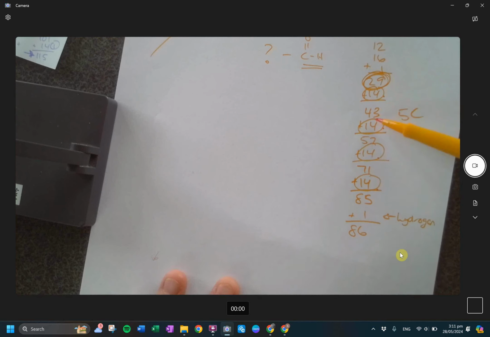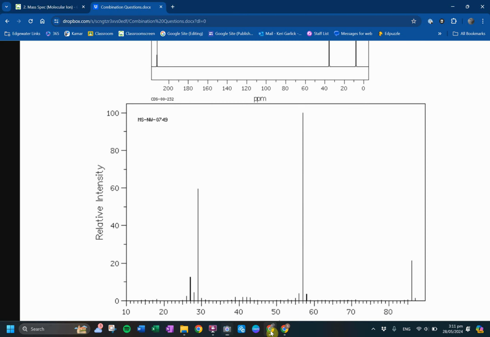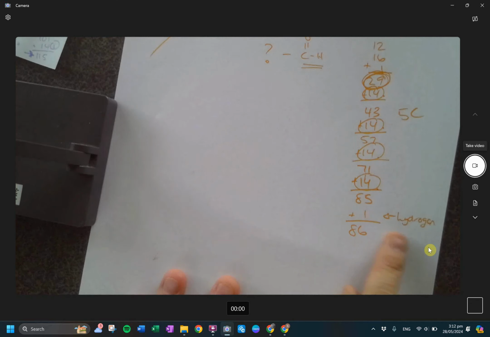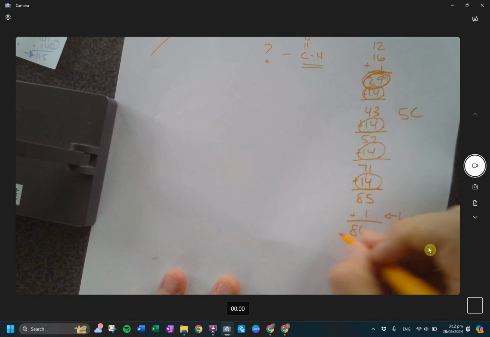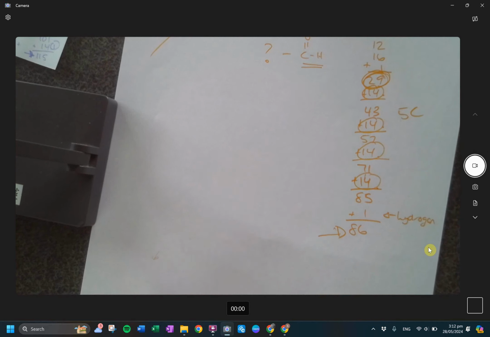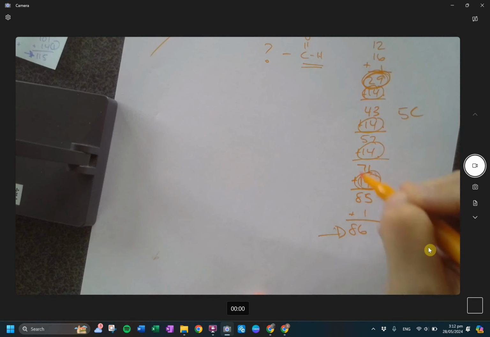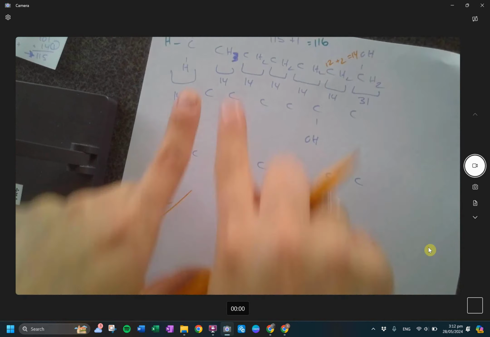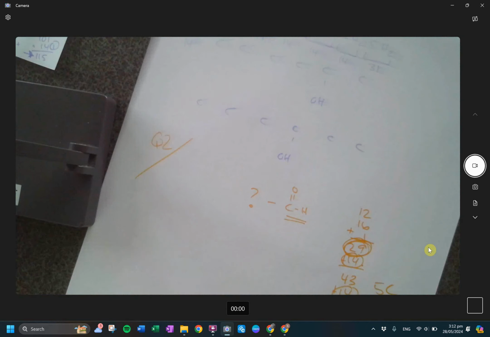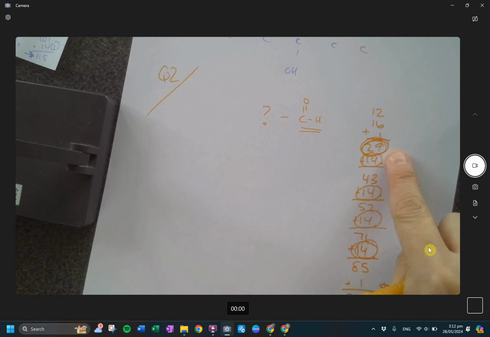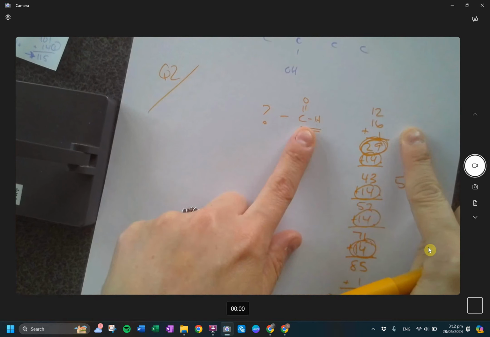So I'm just adding 14 until I'm 1 away from the mass I got from the mass spectra, and then I add 1 more, because that's my hydrogen. So now I match the number that's on the spectra. And then I go through and I count. I've added this 14, so that's 1 carbon, like that one over here. So 1, 2, 3, 4, and then this 5.